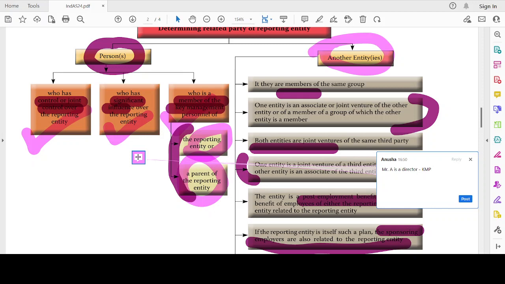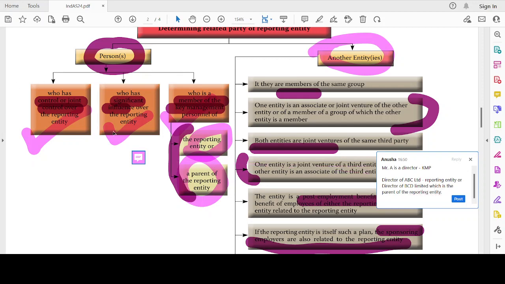He may be a director of ABC Limited, which is the reporting entity, or a director of BCD Limited, which is the parent of the reporting entity.